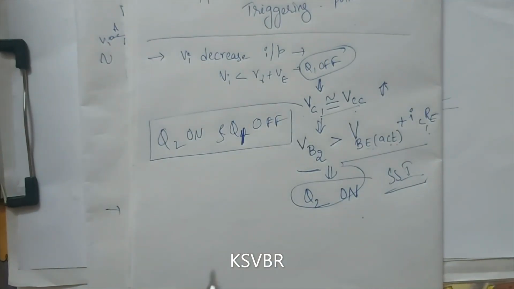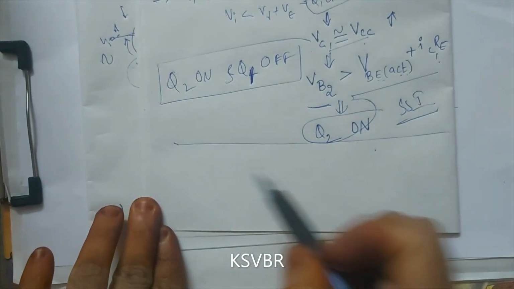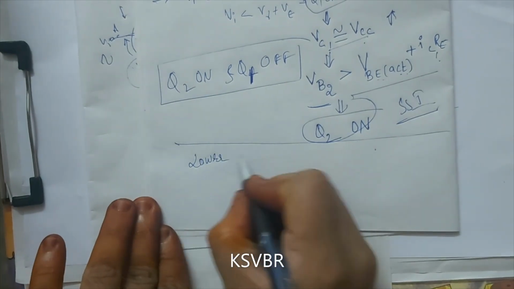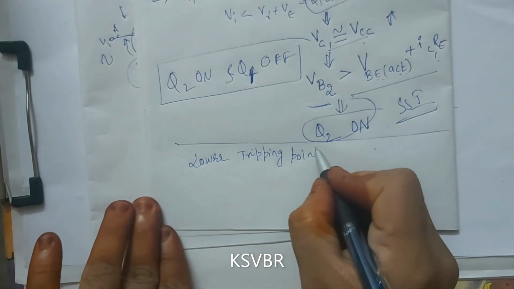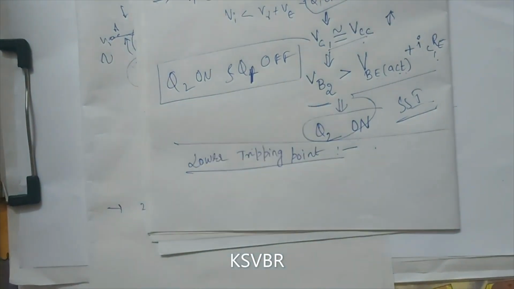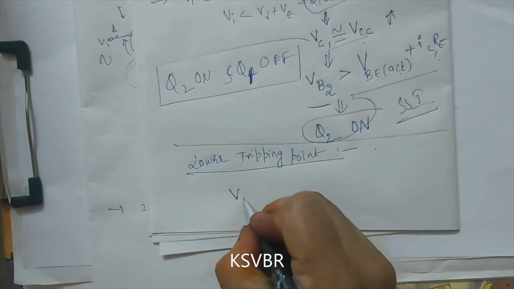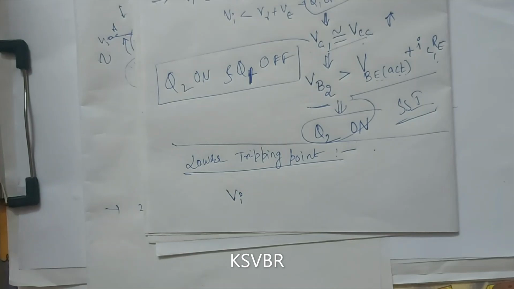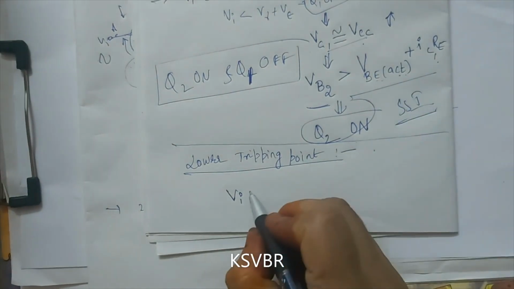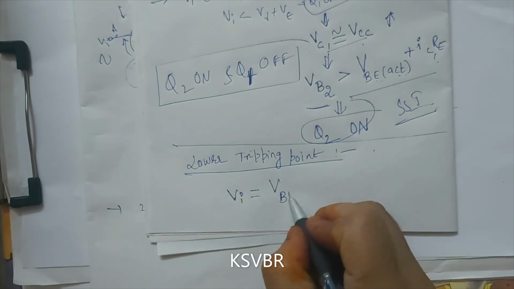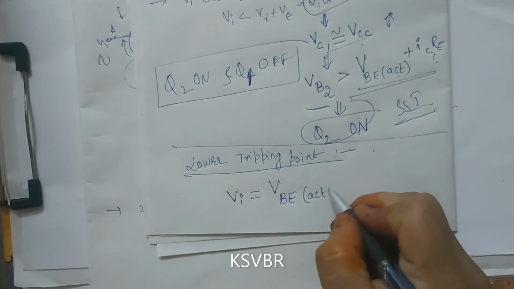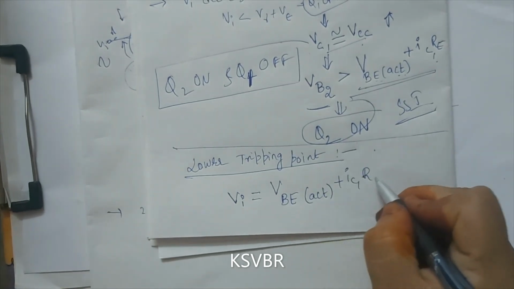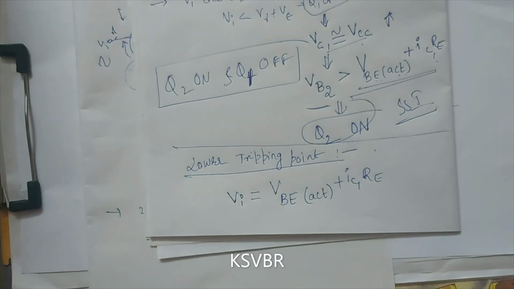Another important point that we have to see here is the lower tripping point. What does lower tripping point mean? The value of input voltage at which the Q2 transistor is getting on, VBE active plus IC1 into RE, is called the lower tripping point.